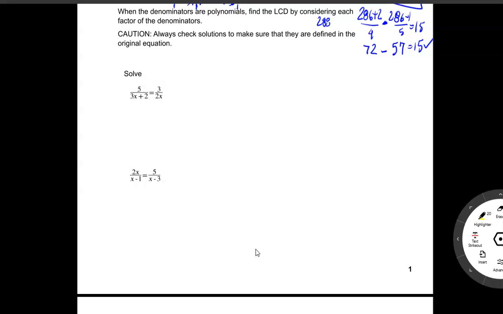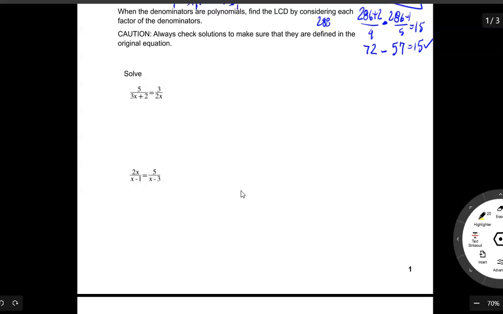I try to pull in one of each type of factoring, and if there's any of those that give you problems, do look at the extra help inside of my math lab, or even Google to get some extra worksheets on factoring. Just make sure that you're good on factoring, because it's going to keep coming up to haunt you. And if it's been a while since you've really done a lot of factoring review, you need to make sure you do that.